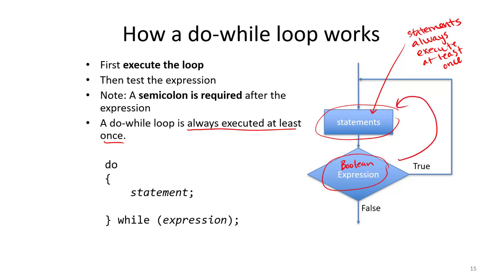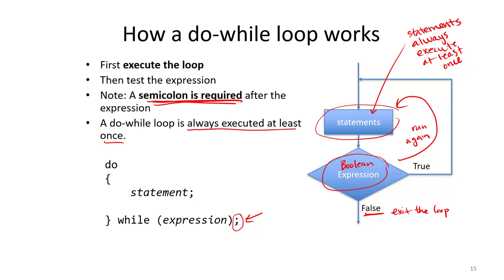If it's true, then we run again. Otherwise, if our Boolean statement becomes false, then we exit the loop. One thing to notice here is since that while expression comes at the end of this whole statement, there is a semicolon at the end of the do-while expression. So just a small difference between do-while and while loops.